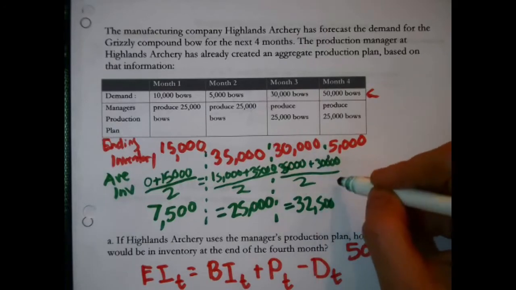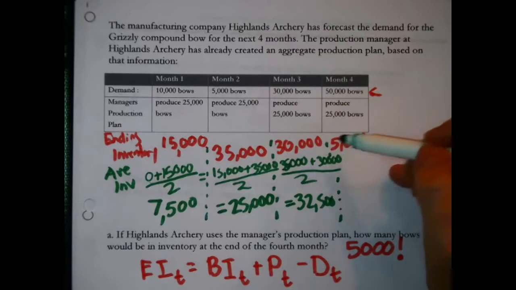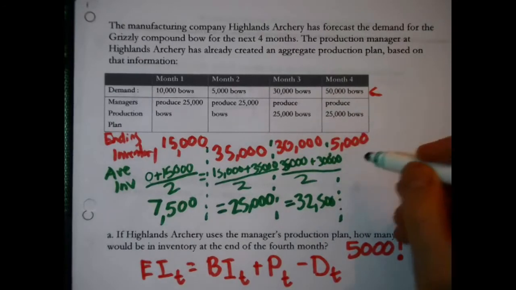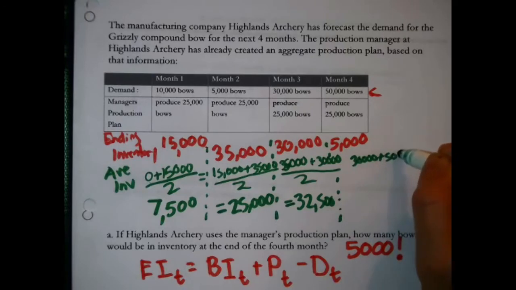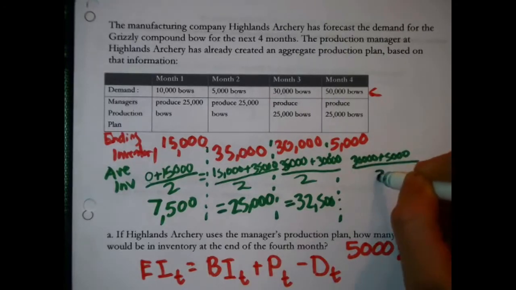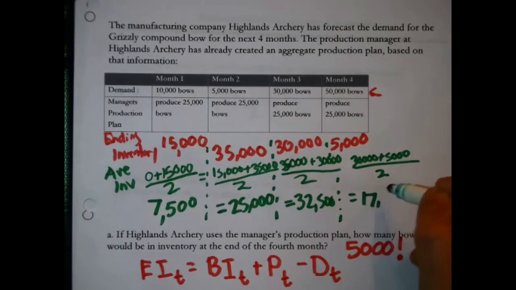That's just for the third month. And then for the fourth month, you begin with the 30,000, you end with the 5,000, so 30,000 plus 5,000 divided by 2. Now we're down to an average inventory of 17,500.